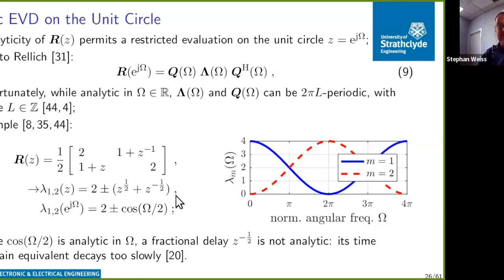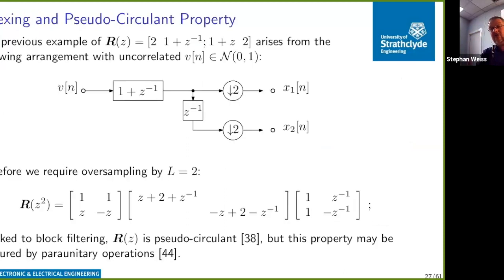A fractional delay filter is like a sinc function or periodic sinc function. So the time domain decay is slower than exponential. These are not analytic functions anymore. Yeah? So while the functions are analytic on the unit circle, you can't extend them into the complex plane. So this is something that's connected to multiplexing.